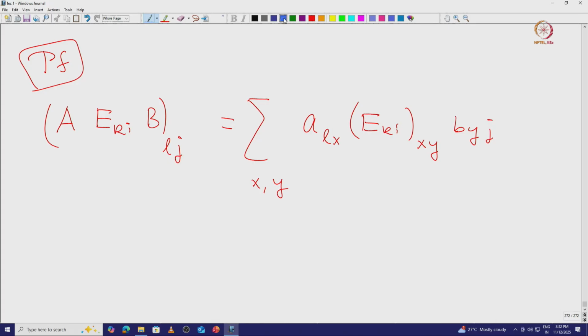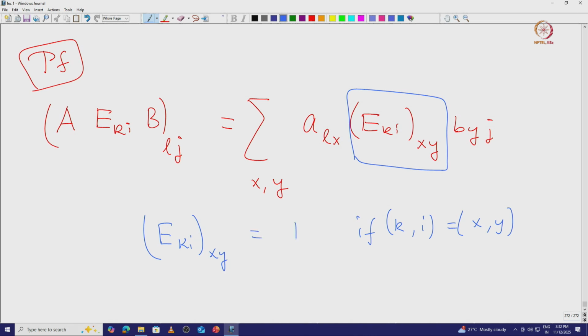But we know something about this entry. The (x, y) entry of E_ki is exactly 1 whenever (k, i) equals (x, y), otherwise it is 0. So, only when (k, i) is the same as (x, y) is this entry 1. So, this sum is exactly equal to, now (x, y) takes the exact value (k, i), so there is no summation.